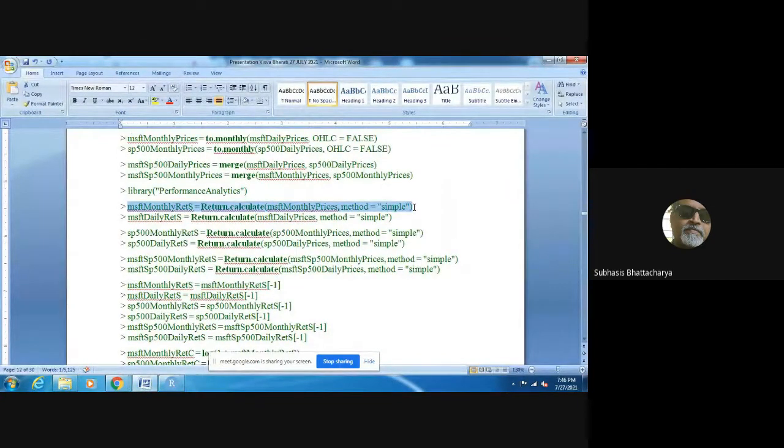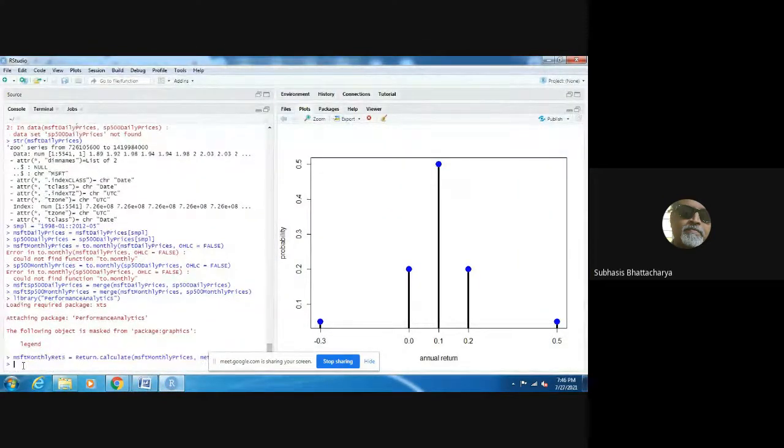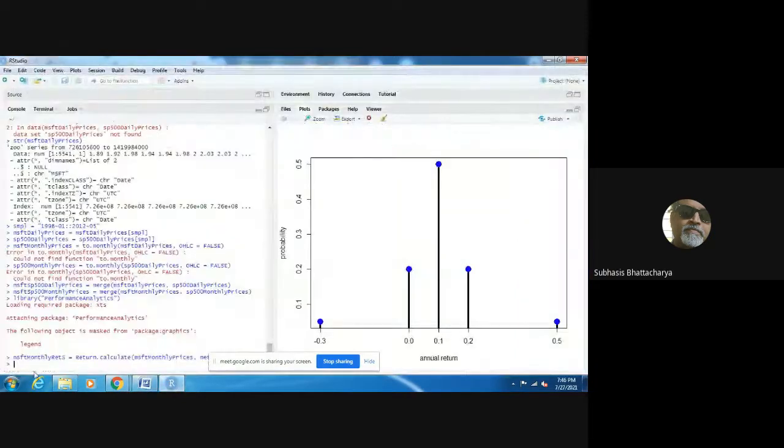Then I estimate the return, both monthly and daily prices of Microsoft over my sample.